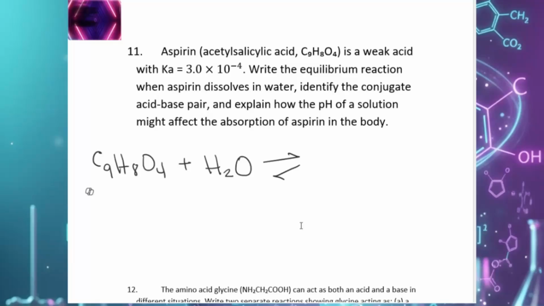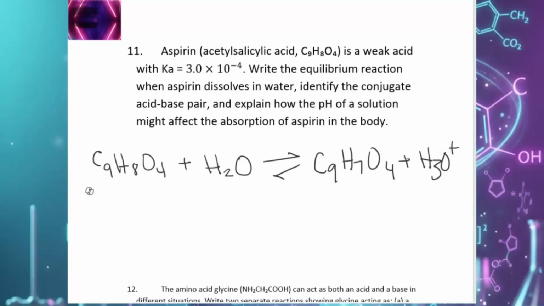Remember, we're going to have one less hydrogen for the C9H8O4, and for H2O, one additional hydrogen. So for the other side, you're going to put C9H7O4 minus plus H3O plus.